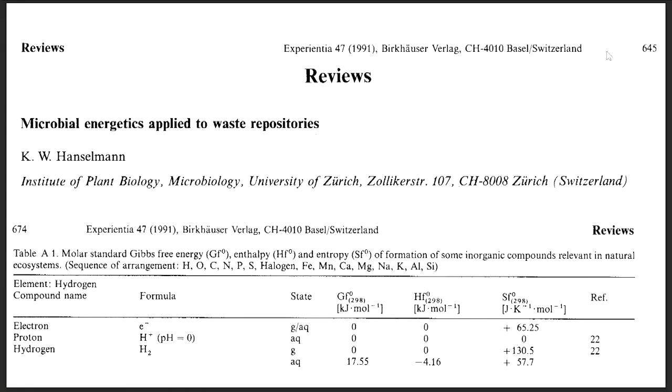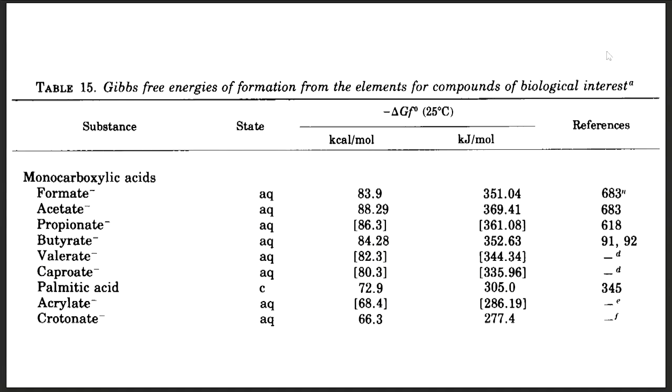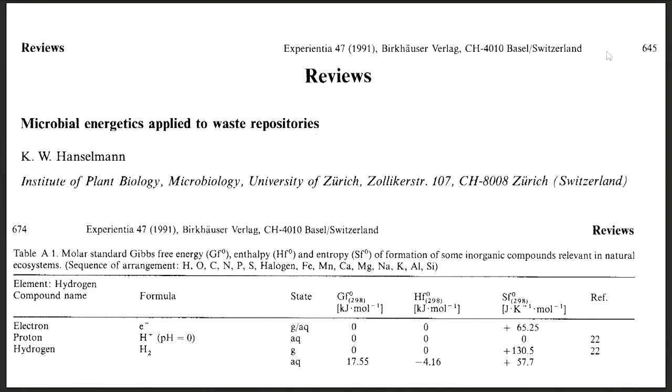That's a nice one, but the problem with it is that it only gives the delta G value. If you have to make the temperature correction, which I will explain later, then you also need the delta H value, and that's not given by Thauer.